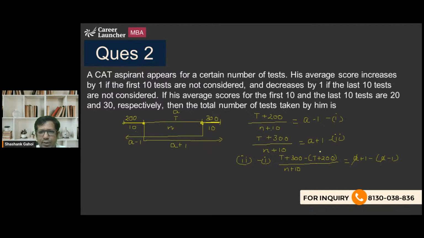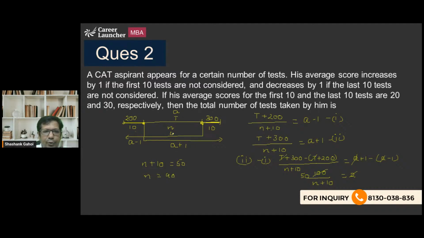This cancels out, T cancels out. So I am going to get 100 upon n plus 10, and that's equal to 2. Okay. So this comes out to be 50. So from here we can directly say that n plus 10 comes out to be 50. Okay. So n comes out to be 40.